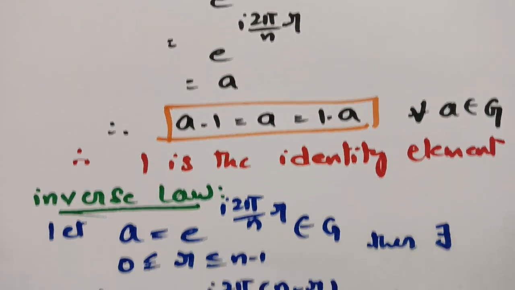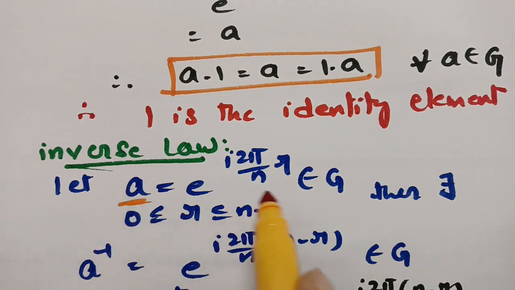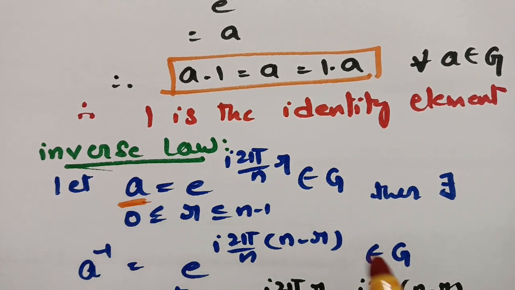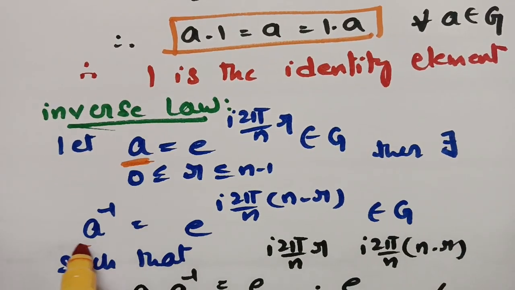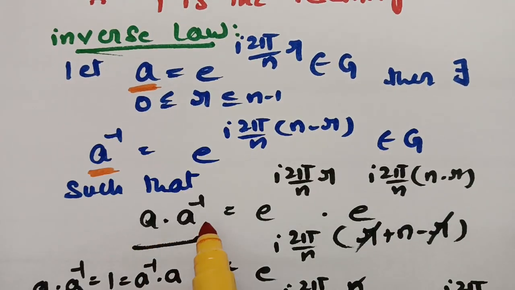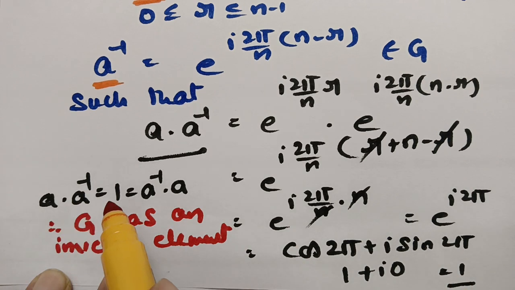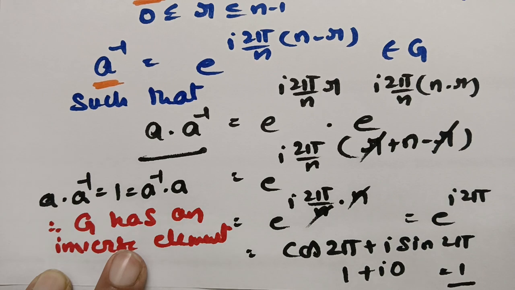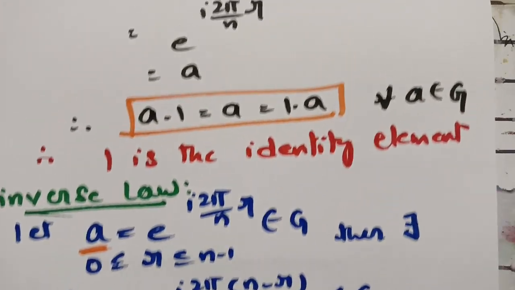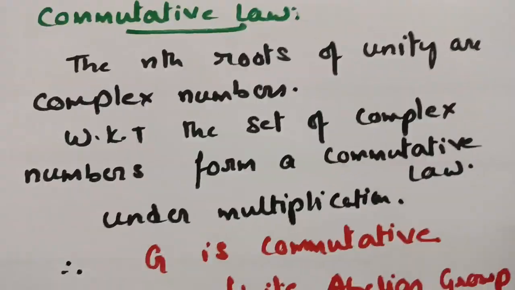And according to the inverse law, I have taken A from the set G, and I have considered A inverse as this one. If I multiply A into A inverse, I get 1, which is equal to the identity element. Therefore A into A inverse is equal to 1 is equal to A inverse into A, and G has an inverse element. And finally we have to show the commutative law.